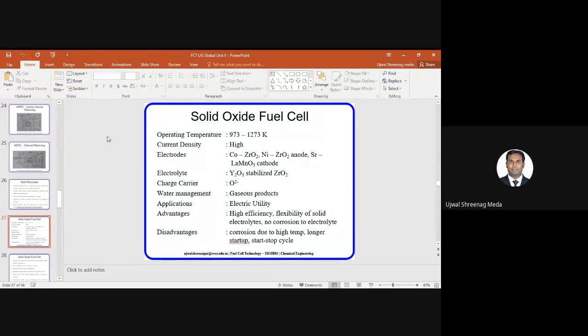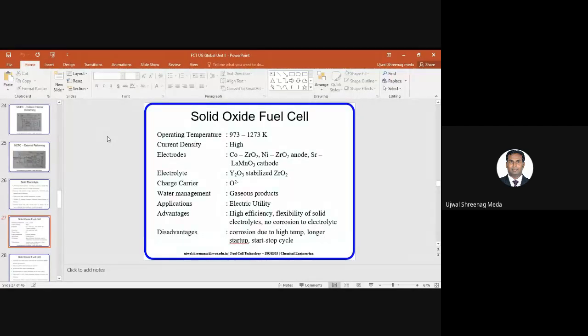So Ni-ZrO2 is an example of an anode, and SrLaMnO3 is an example of a cathode. We are going to discuss in detail about these electrodes later.